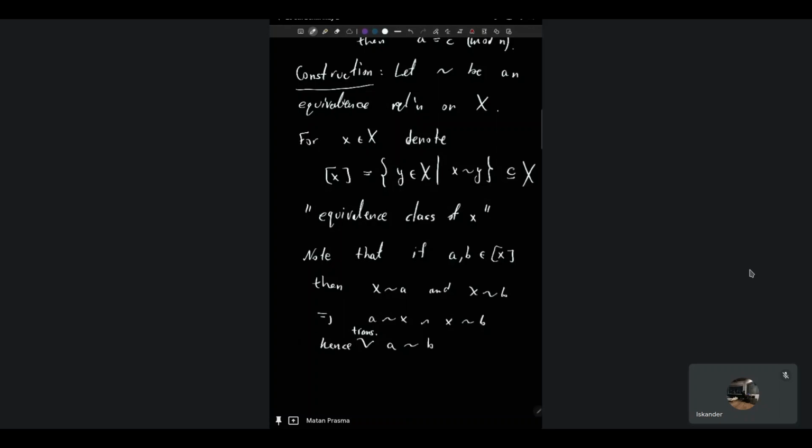So all the elements in the equivalence class of X are equivalent to each other.